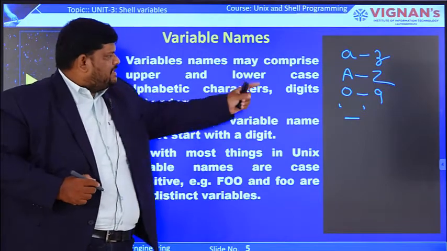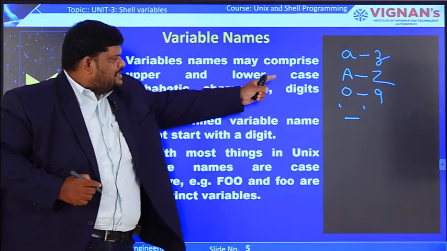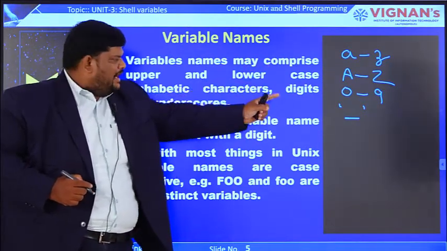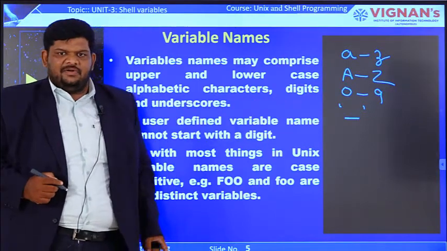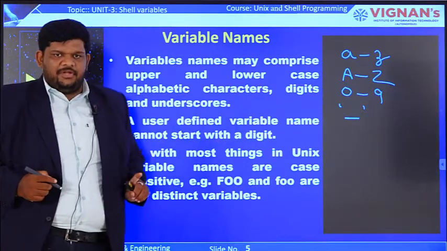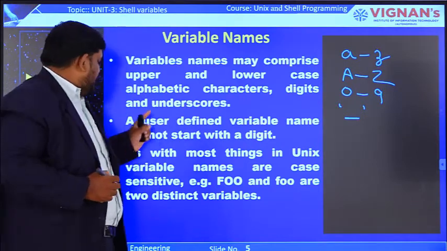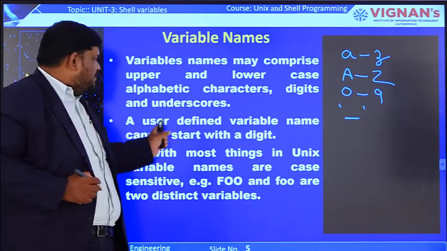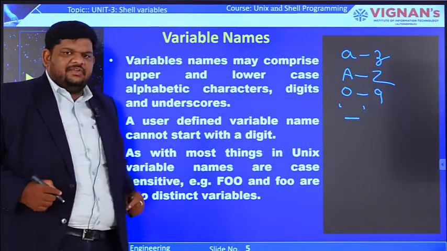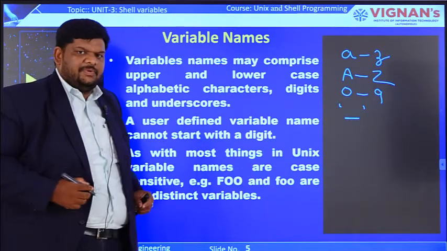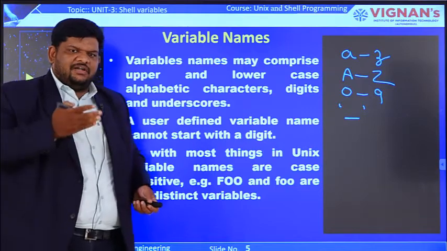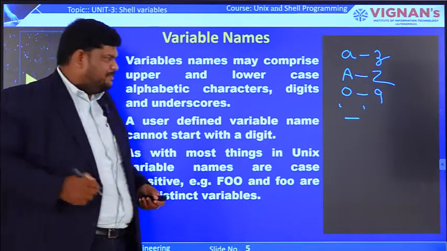With these lowercase letters, capital letters, digits, and the one and only special character underscore, we can use any combination while writing a variable name. But considering the second rule, a user defined variable name cannot start with a digit. So let us consider some variable names and see which are valid and which are invalid.